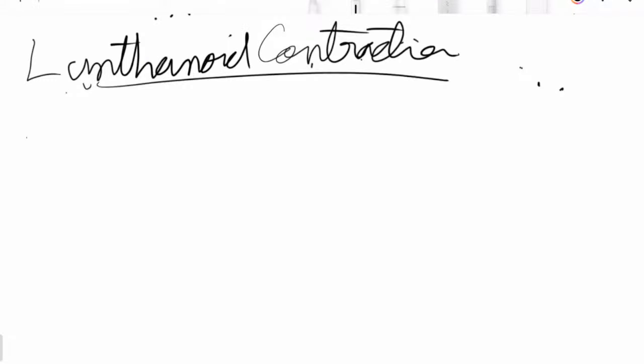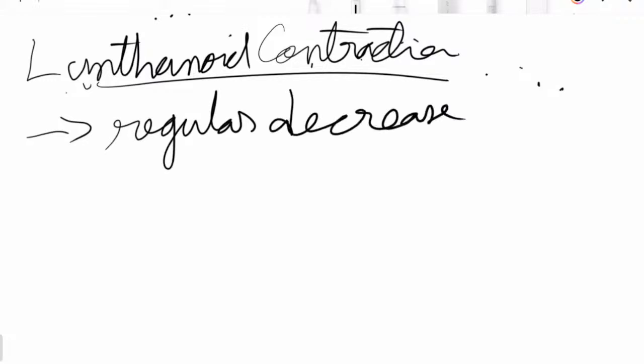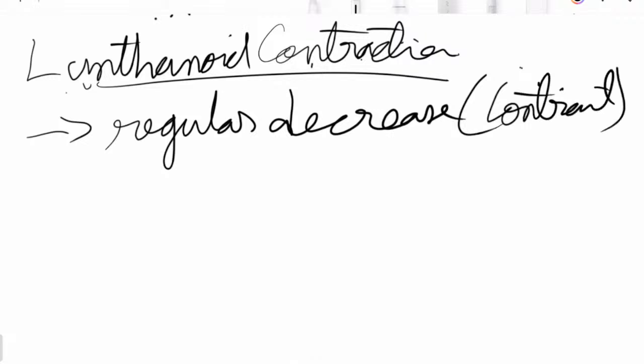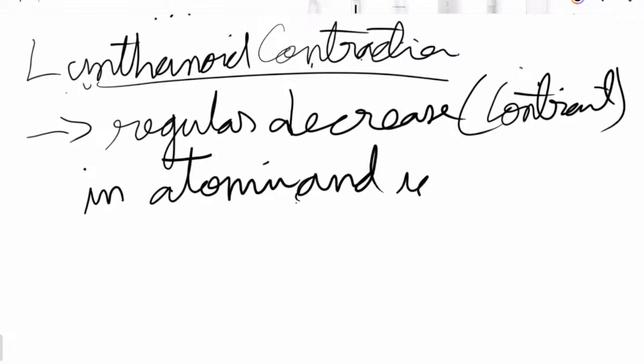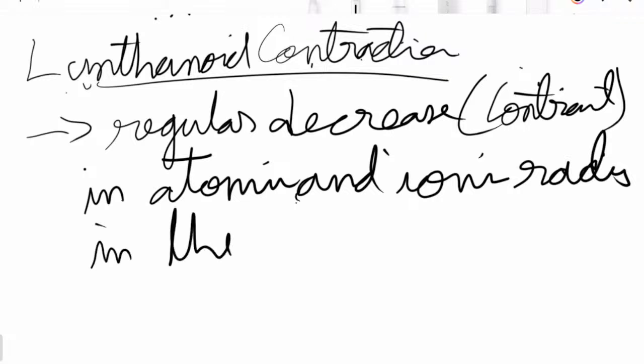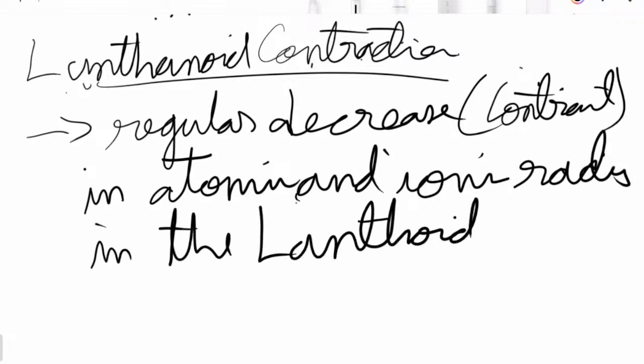In lanthanoid contraction, there is a regular decrease, or we can say contraction, in atomic and ionic radius in the lanthanoid series.